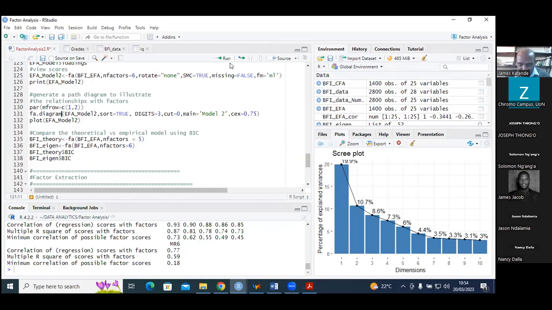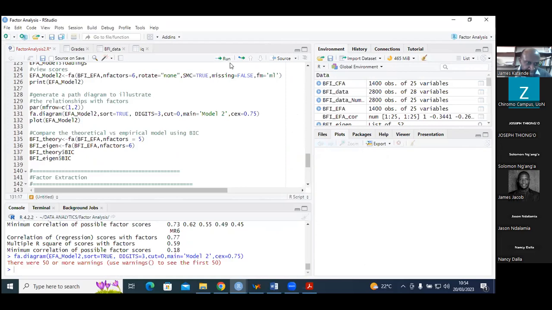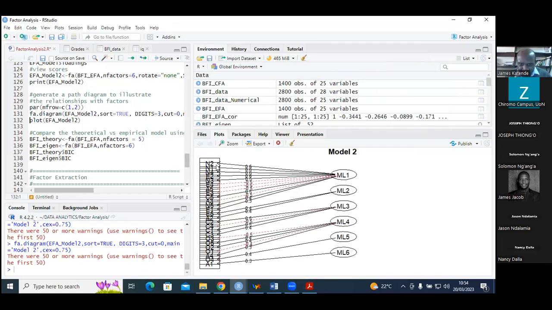But now this factor analysis is just the initial one with no rotation. So you can see that the factors are not very well matched with the variables. Interpretation becomes difficult when that happens.